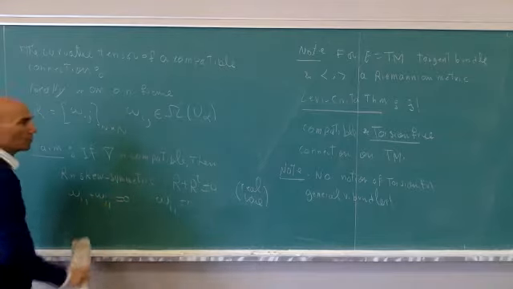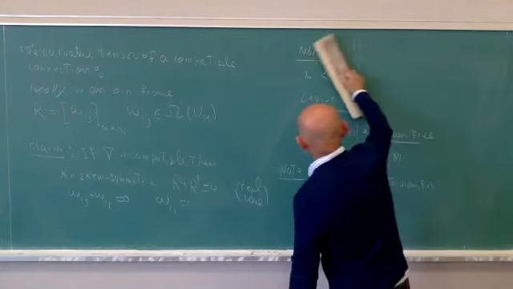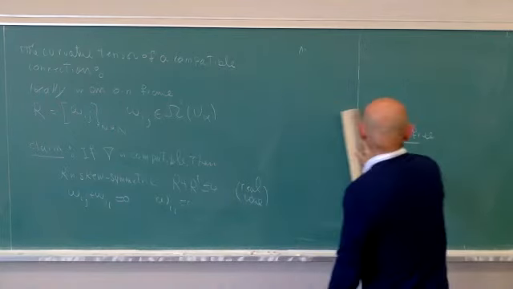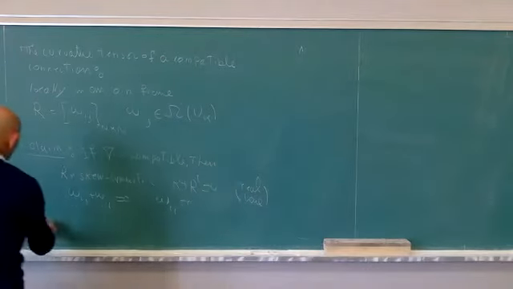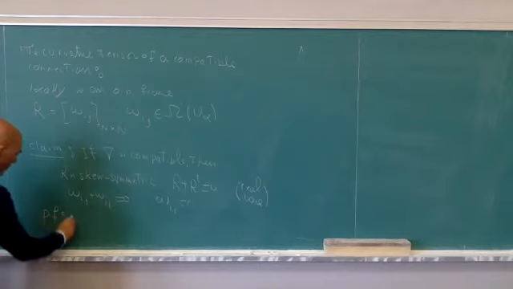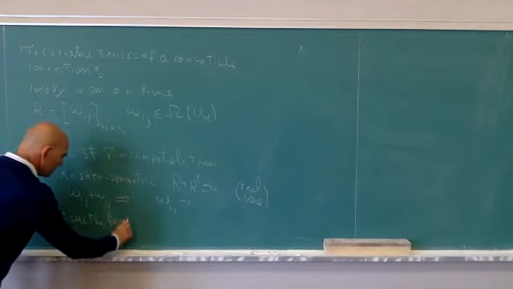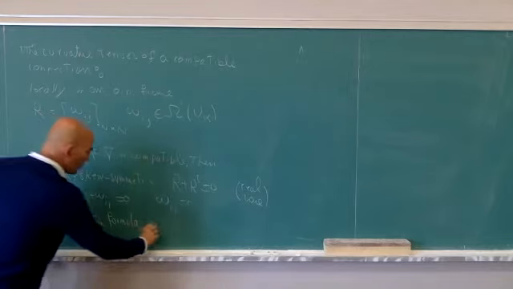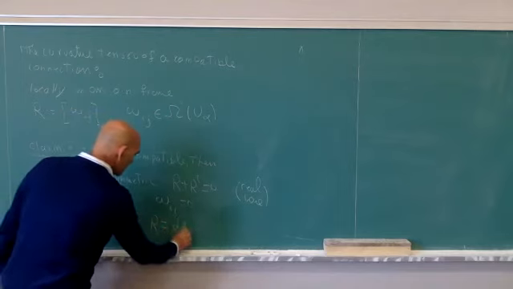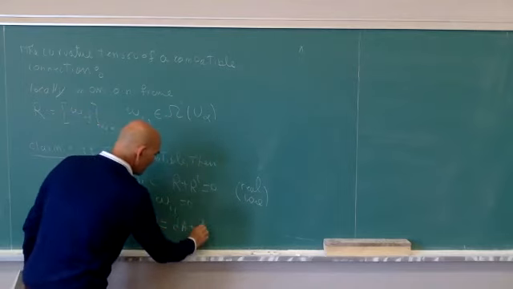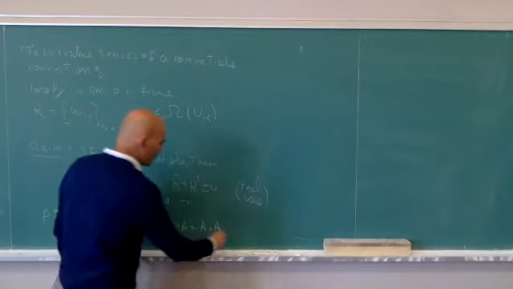Now, how can you prove this? That's very easy to prove. You can just use the formula for R. Proof: use the formula. We had this formula that R was equal to dA plus A wedge A. This A was the connection matrix.